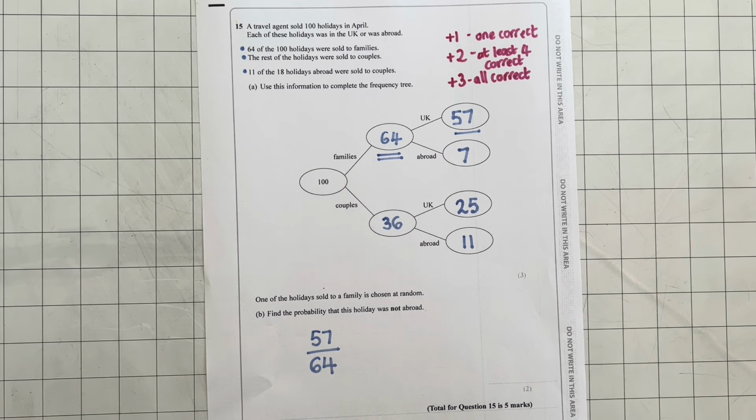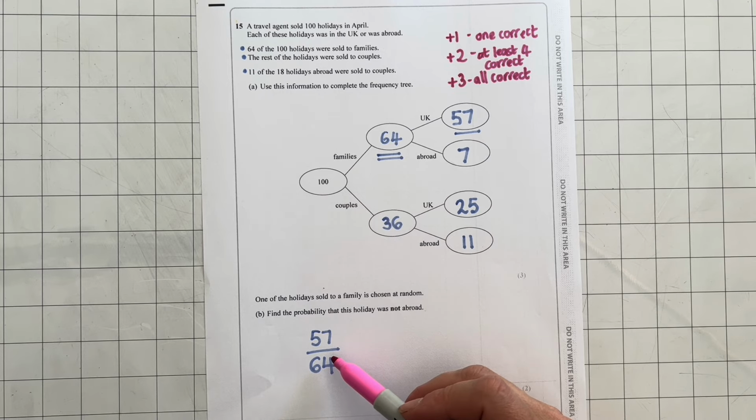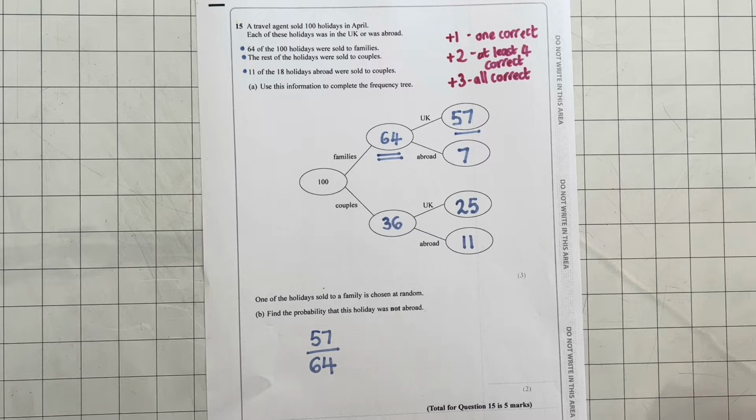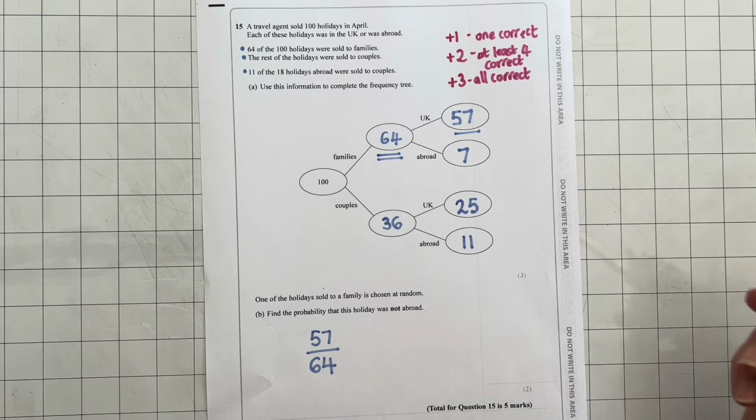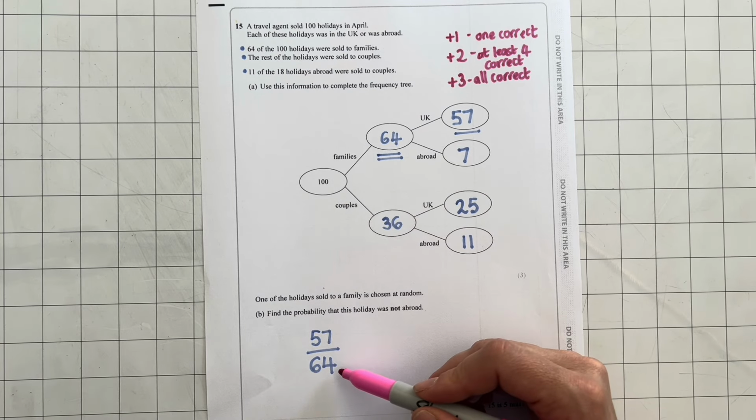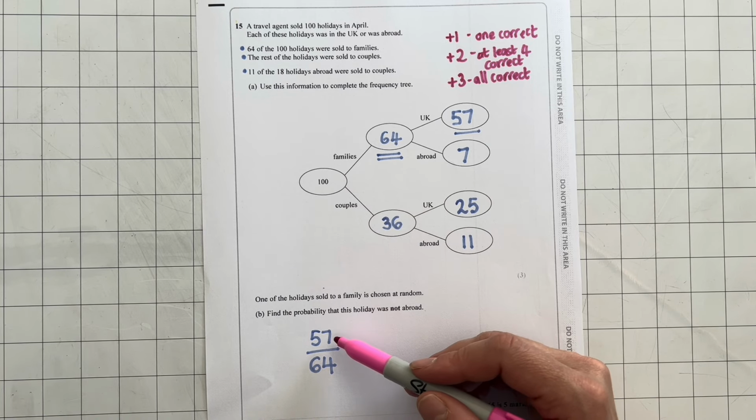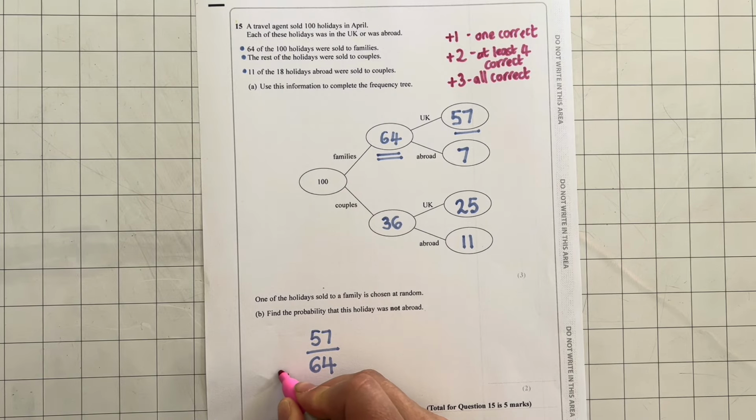Part B is worth 2 marks. If you get the answer of 57 over 64, you will be awarded the full 2 marks. Otherwise, if your answer is a fraction with 64 as the denominator, and the number above it is less than 64, that will be worth 1 mark.